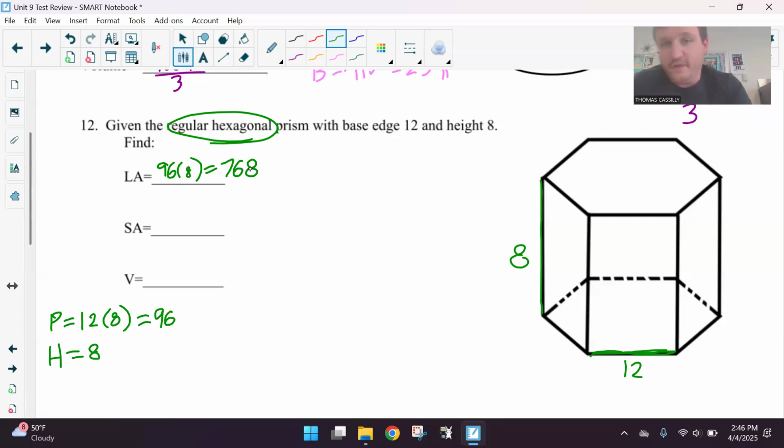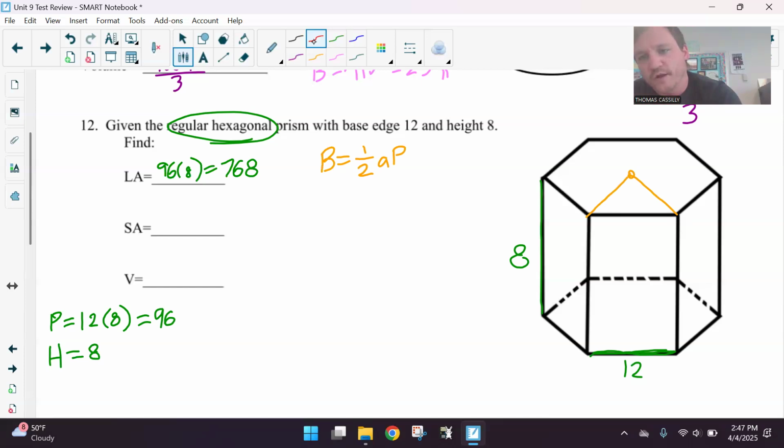All right, now the surface area, I need the base. So we have to figure out the base here. So capital B, this is a hexagon. All right, this isn't one of our nice formulas. It's a regular polygon. So this is our 1/2 AP formula. So what we have to do is figure out what that apothem is.